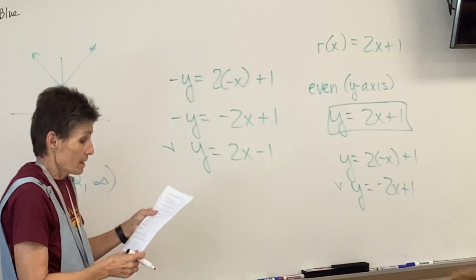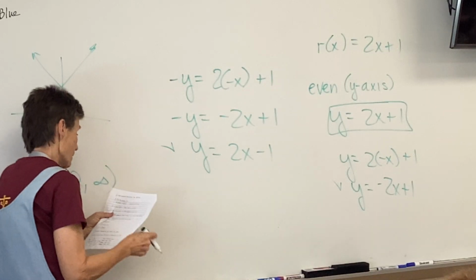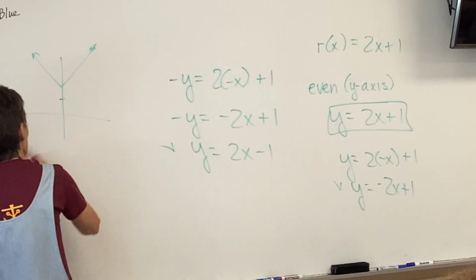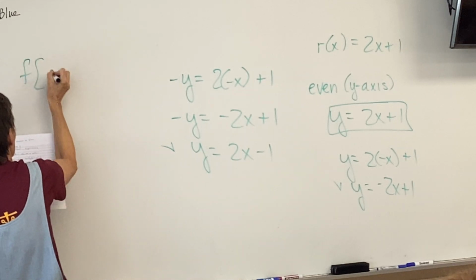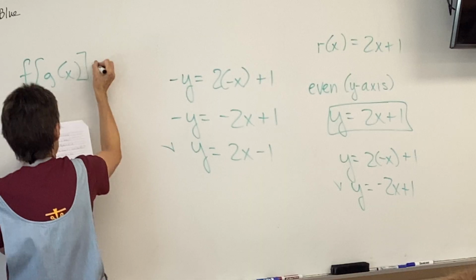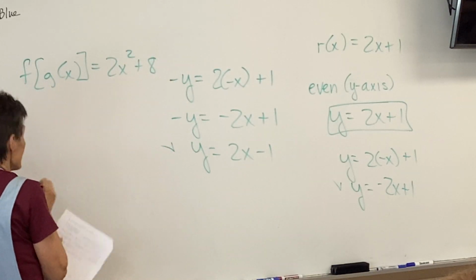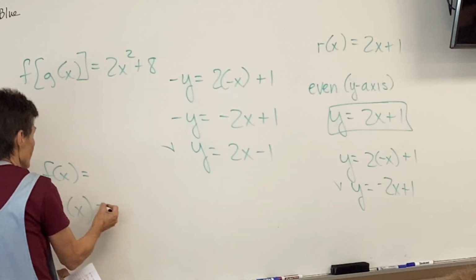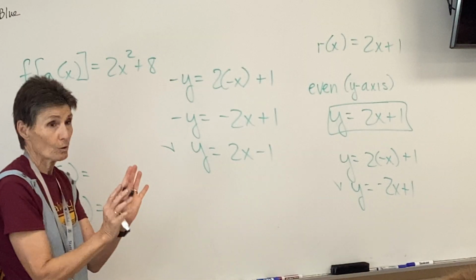Number 8. Oh, okay, this is one of the backwards ones. Somebody has built the composition f of g, and it's 2x squared plus 8. So you have to figure out what the individual functions are. Two things have to go through your head.